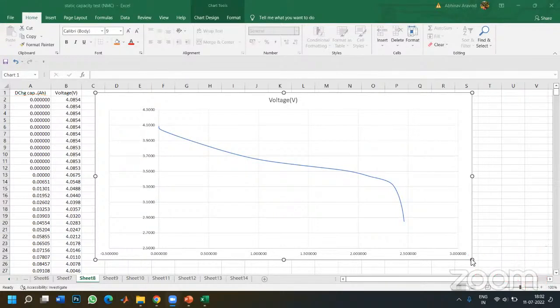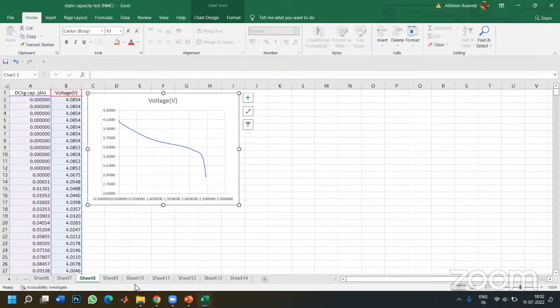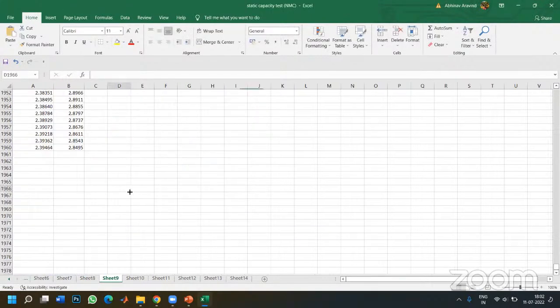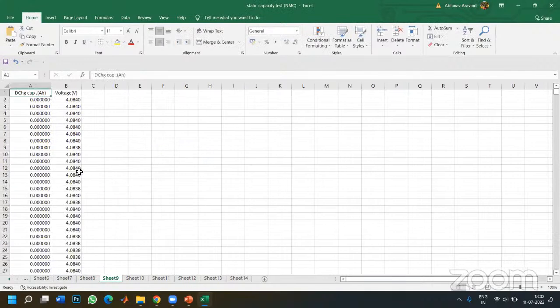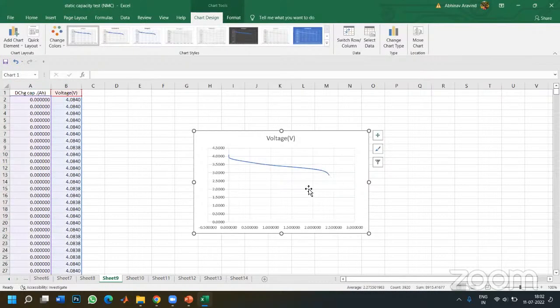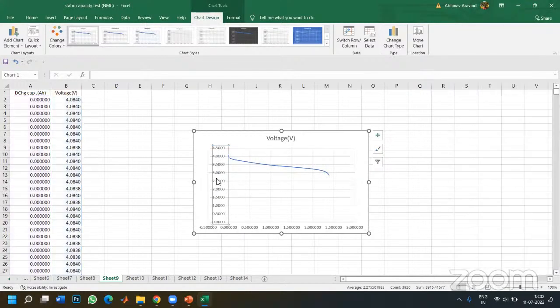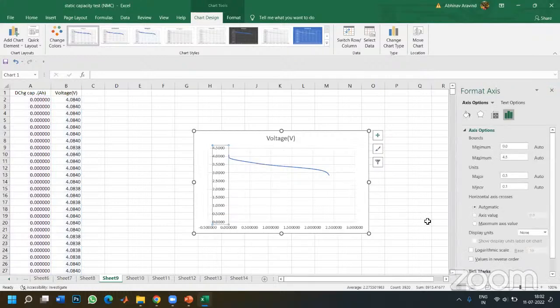Okay, and you can also try and see what values you can get for different C rates as well. On sheet 9, the next sheet, you can just plot the same graph, and you will see that this will have a slightly lower capacity compared to the one for 0.2C.